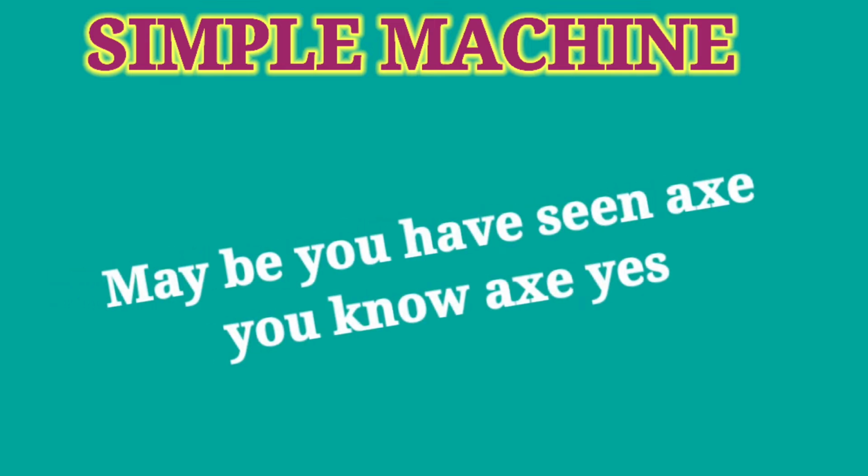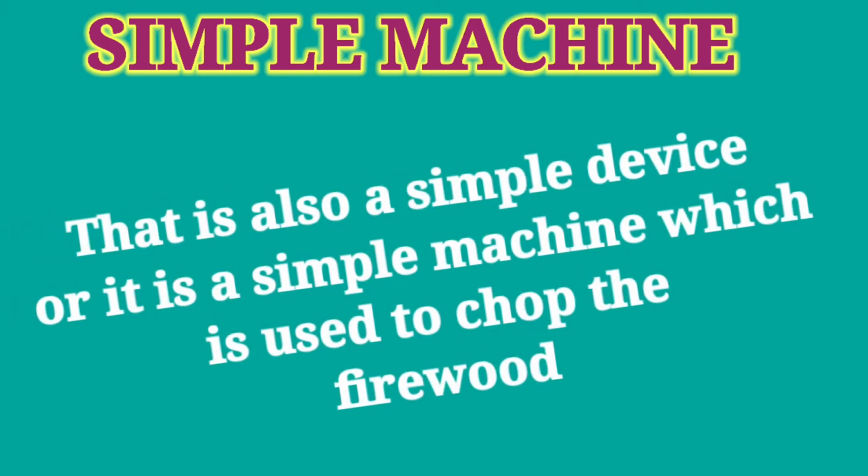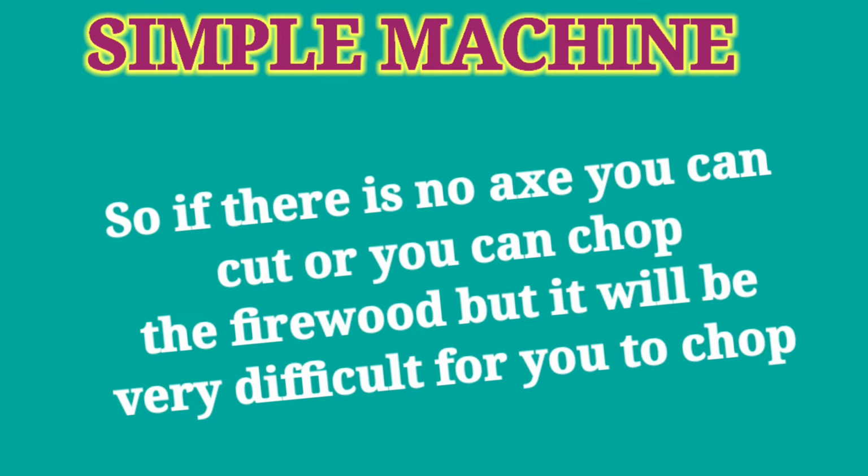Maybe you have seen an axe. You know axe? That is also a simple device, a simple machine which is used to chop firewood. If there is no axe, you can still chop the firewood, but it will be very difficult.